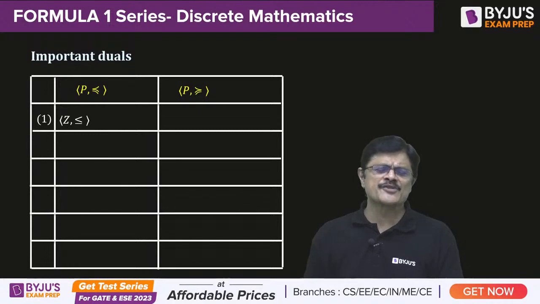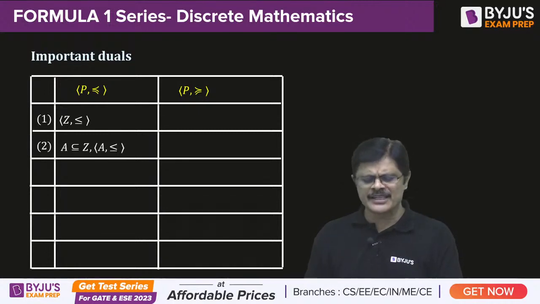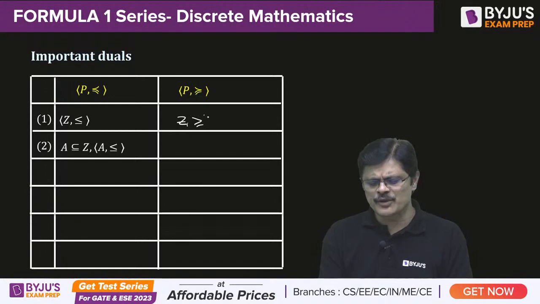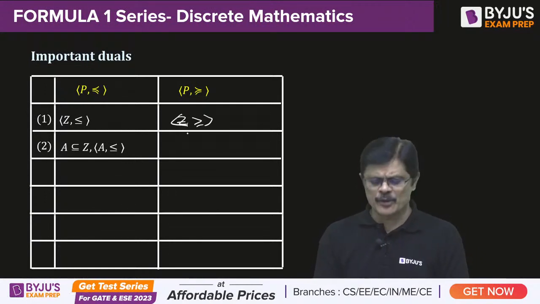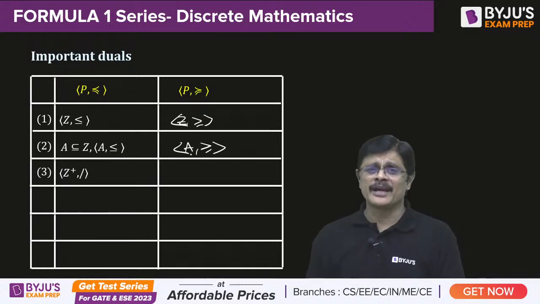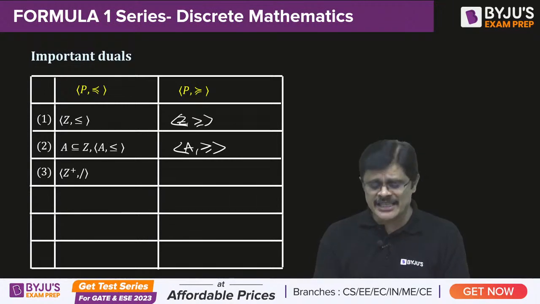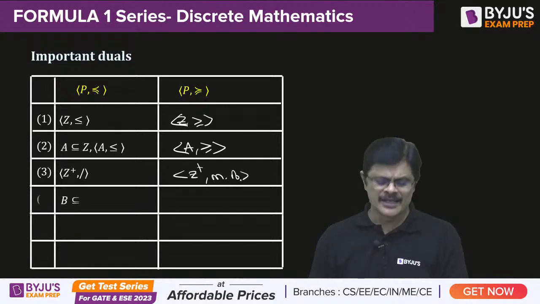So the set of integers with less than or equal to is a poset. The set of integers with greater than or equal to is a poset. Any subset of the set of integers with less than or equal to is a poset, and the same with greater than or equal to. Any set of positive integers with division is a poset. The set of positive integers with multiple of relation is a poset.